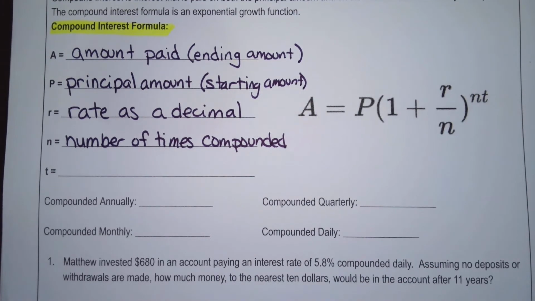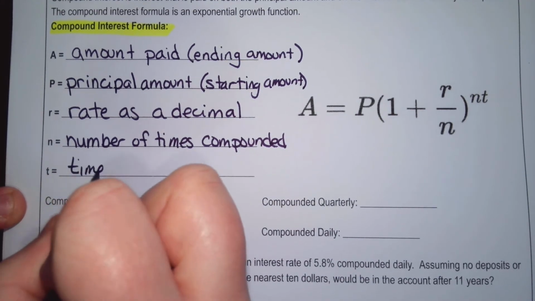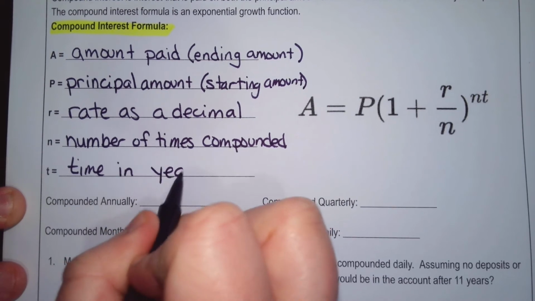So it all depends on what the account calls for. And then T, you guys are already familiar with T as well. T is time in years.